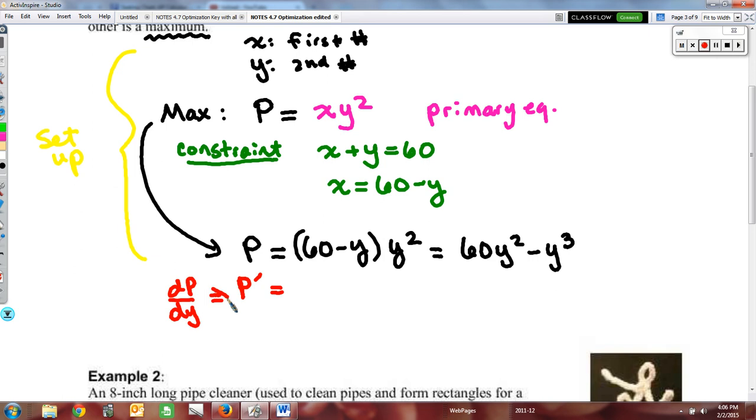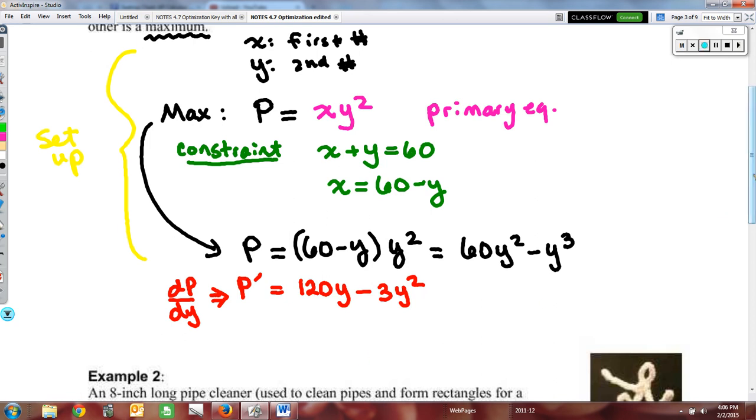And because we're not really worried about the whole related rate problem, and we're always going to be taking the derivative with respect to our input variable, a lot of times instead of saying dp dy, we just write p prime, because it's very clear what we're doing. We're taking the derivative with respect to whatever variable is over here. Our derivative would be 120y minus 3y squared.